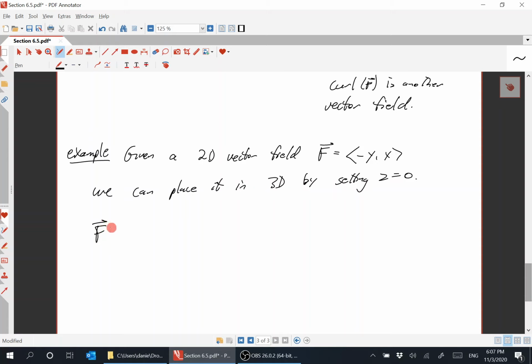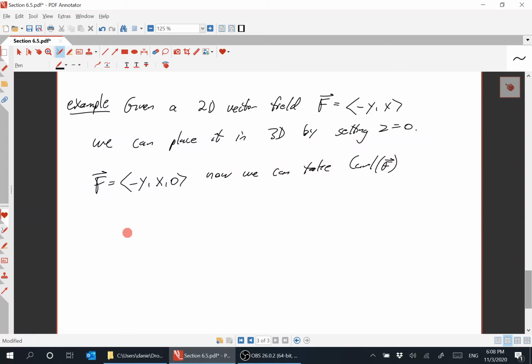So if you have minus y, x, 0, now you can take the curl of f. And this is actually not just a curiosity, this trick. It'll mean something later. I'll show you in a moment.